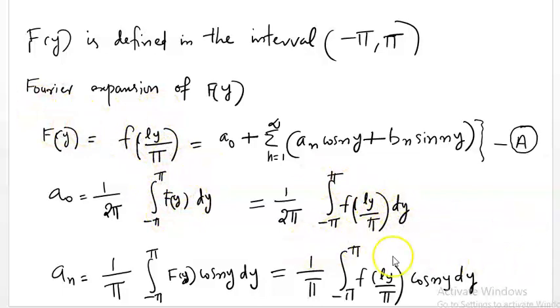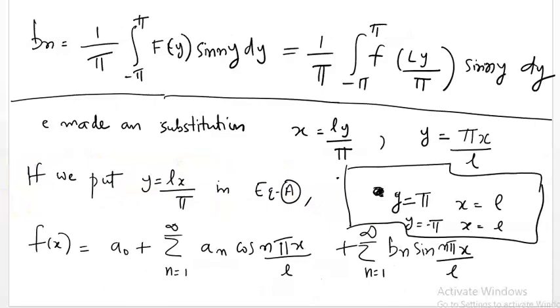And an is 1 by pi integral minus pi to pi F of y cos ny dy, which is 1 by pi integral of f of Ly by pi cos ny dy. So an we got, bn also we can get: bn is given by 1 by pi integral minus pi to pi f of Ly by pi sin ny dy.